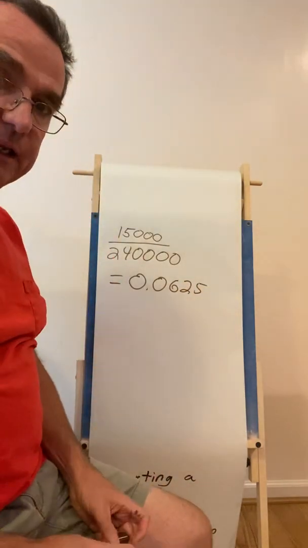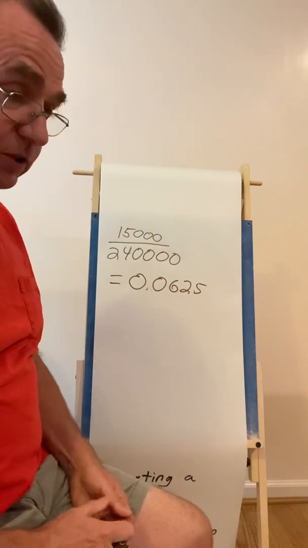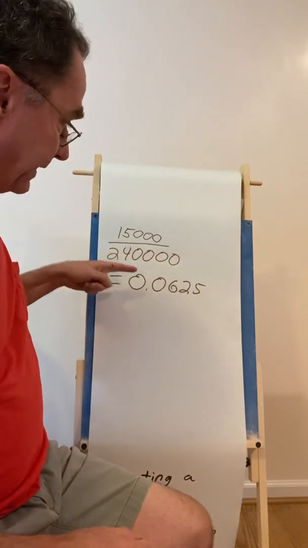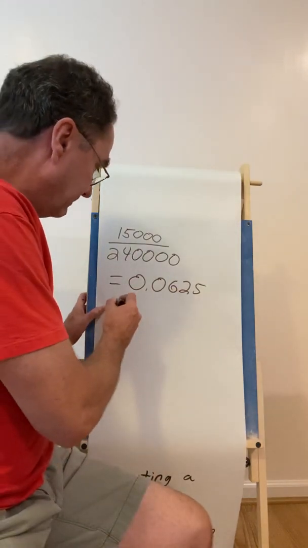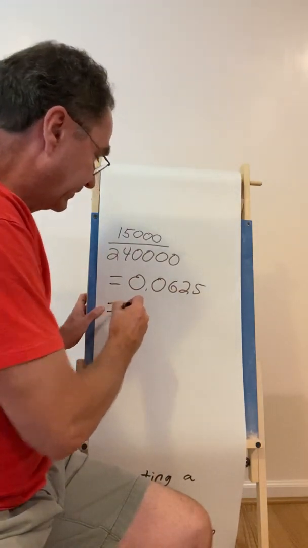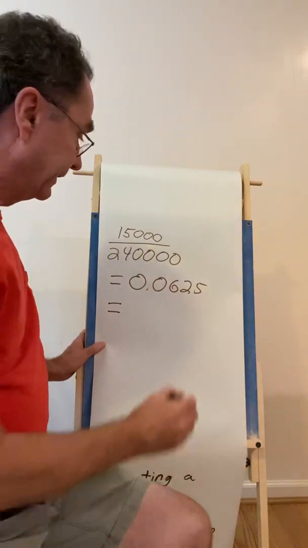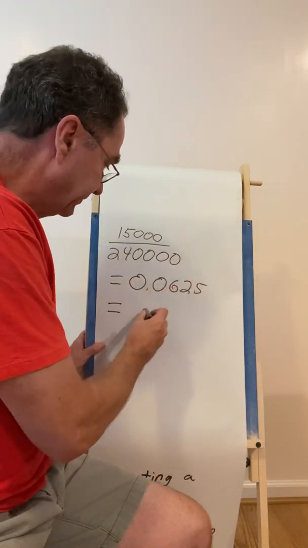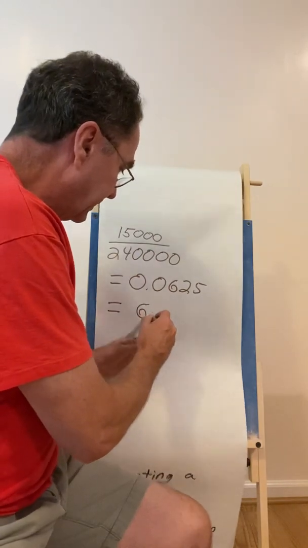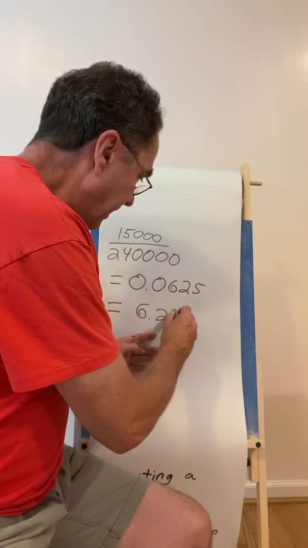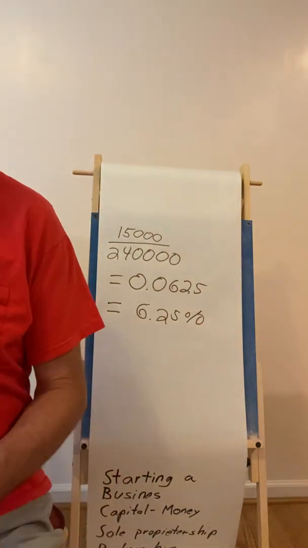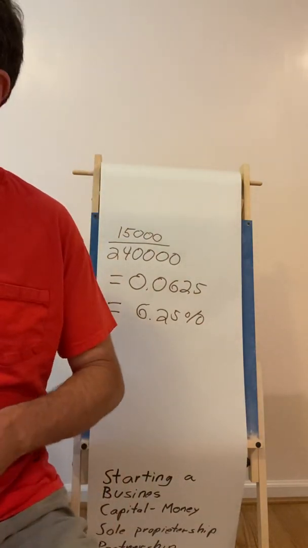Now that is a decimal, and a decimal is just another way to write a fraction also. We have a fraction, we have a decimal, and the way we make that decimal into a percent is we move the decimal point over 2 spaces, and we get 6.25%. So Michelle owns 6.25% of the business.